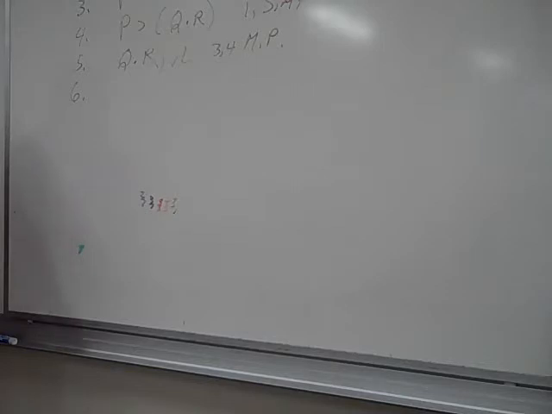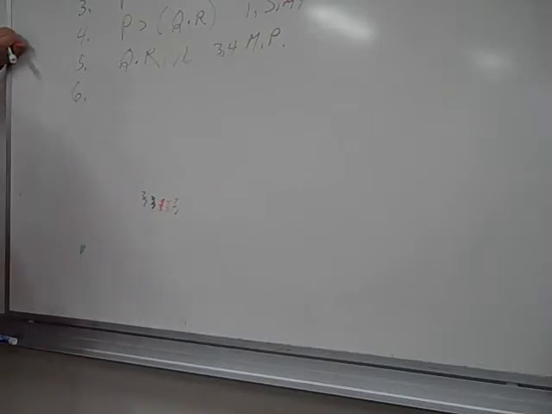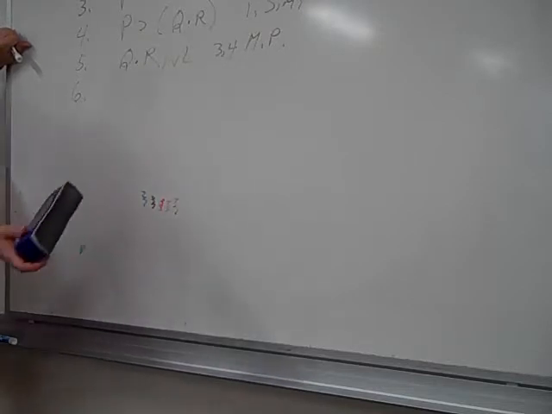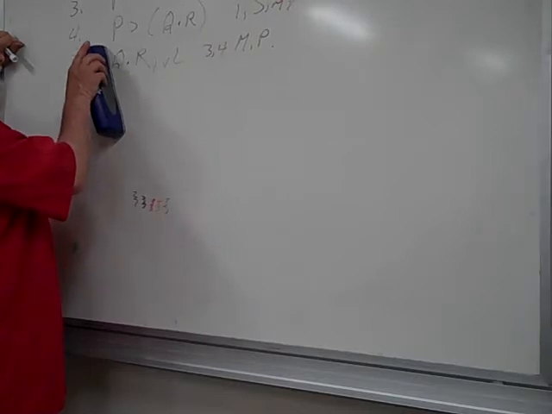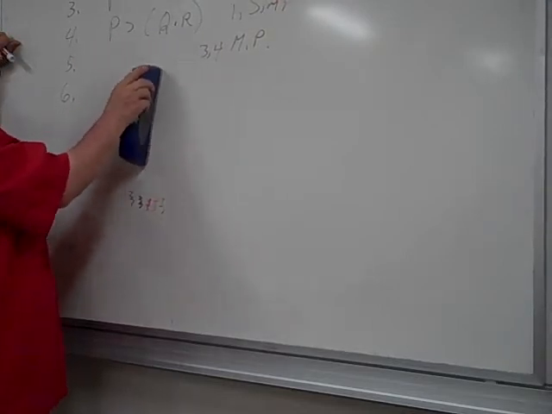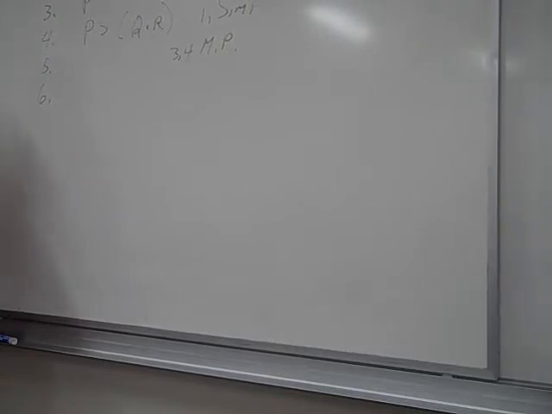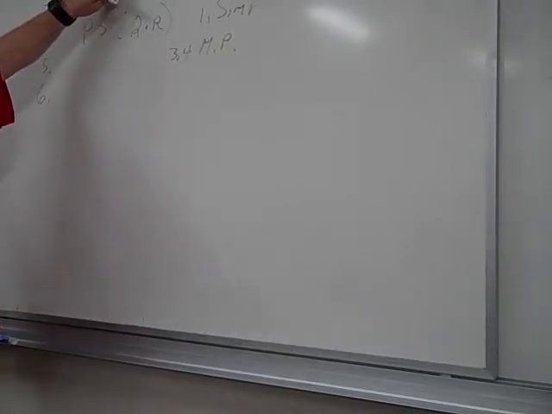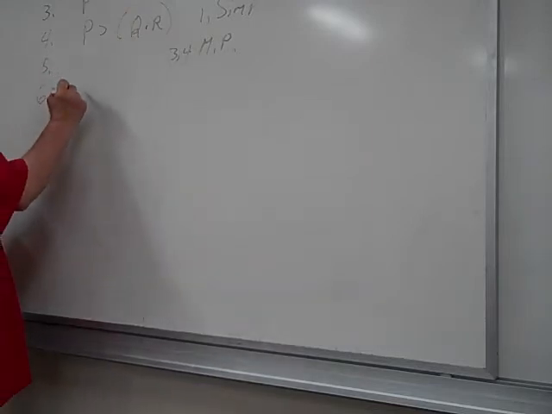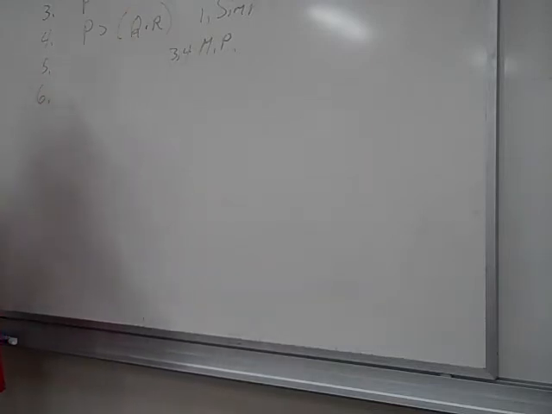Well, we could use distribution and get Q and L and R, but that's a lot of extra steps. Let me instead. No, what about association? We have R all by itself, so let's just take R out of there.